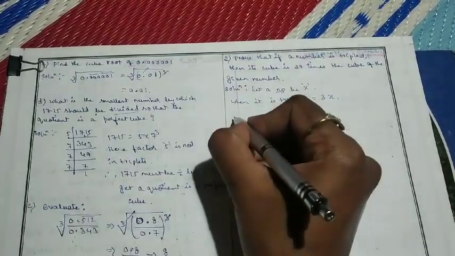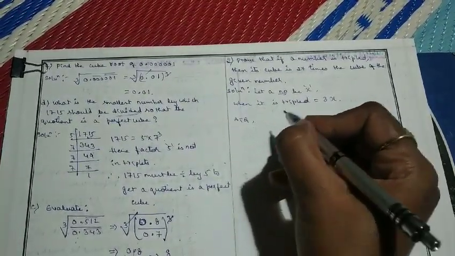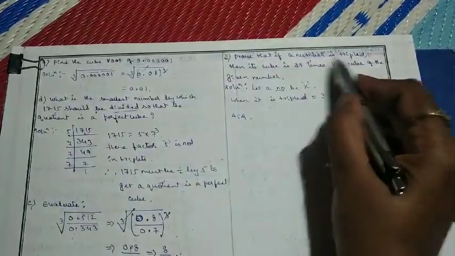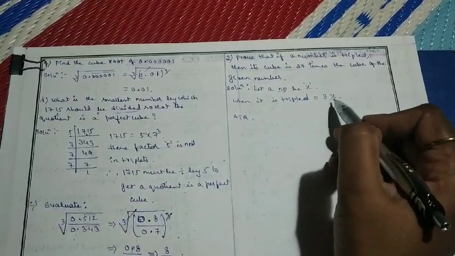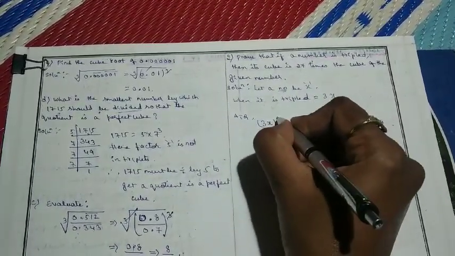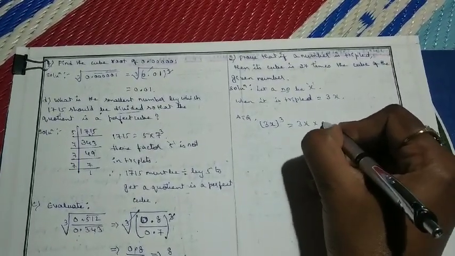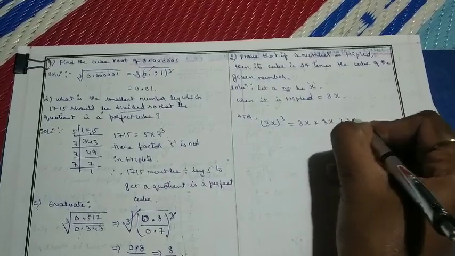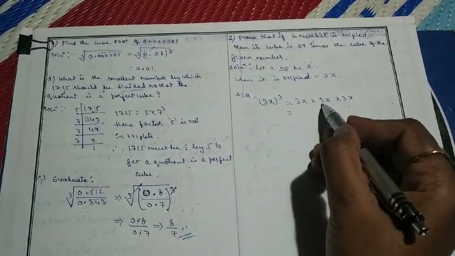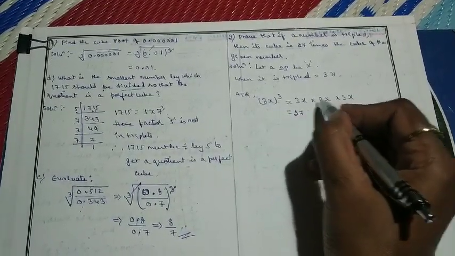Right? Then according to the question, that is the cube of the number. Its cube is nothing but (3x) cubed. Then what do we get? (3x) cubed equals 3x into 3x into 3x. First multiply the coefficients: 3 3s are 9, 9 3s are 27. Then x into x into x.